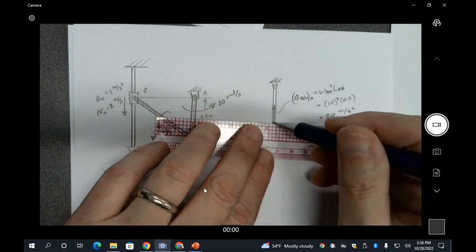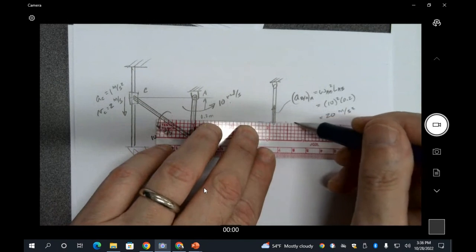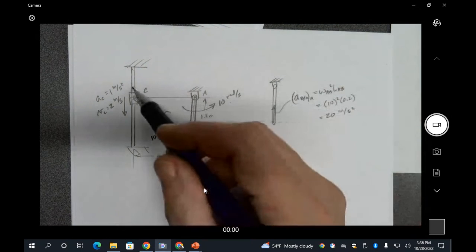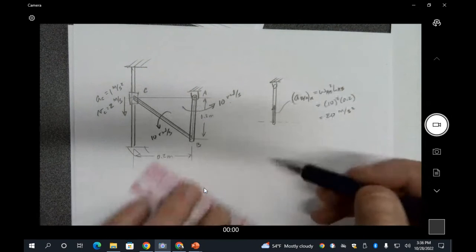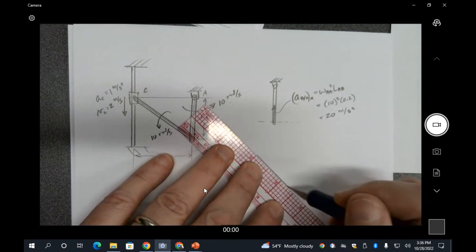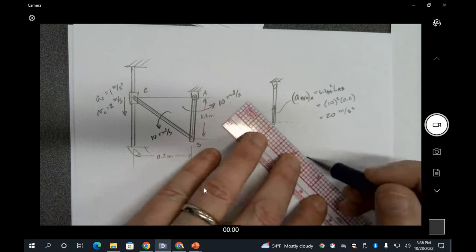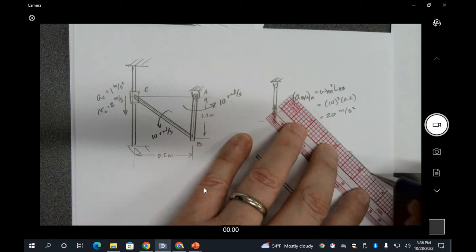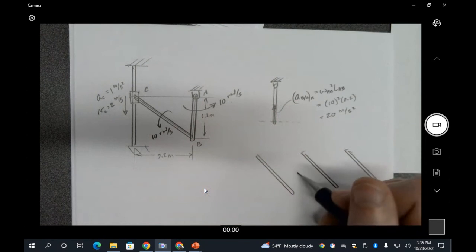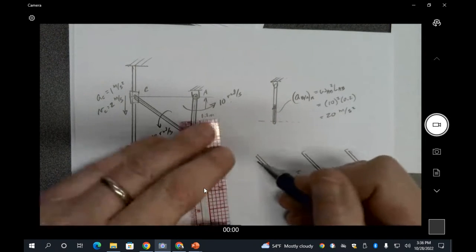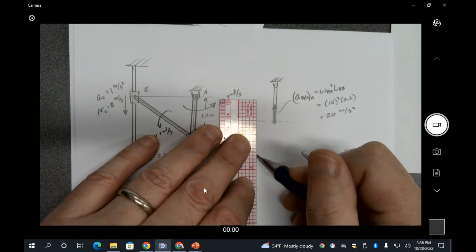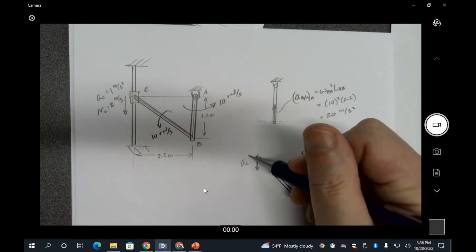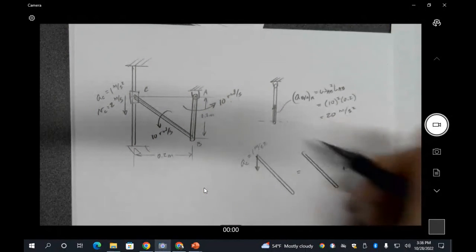And we don't quite know what direction the other acceleration, the tangential acceleration, is going to be. But we could do the acceleration of bar BC in a diagram, because we know this AC is going to be equal to 1 meter per second squared.